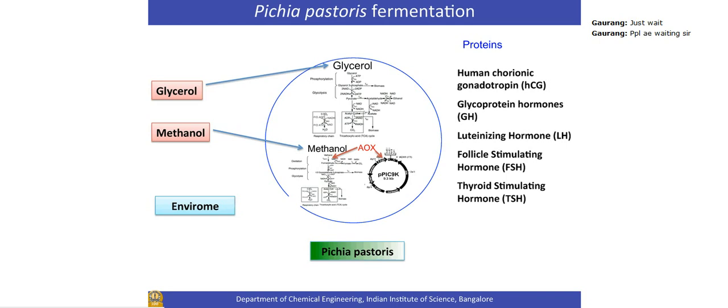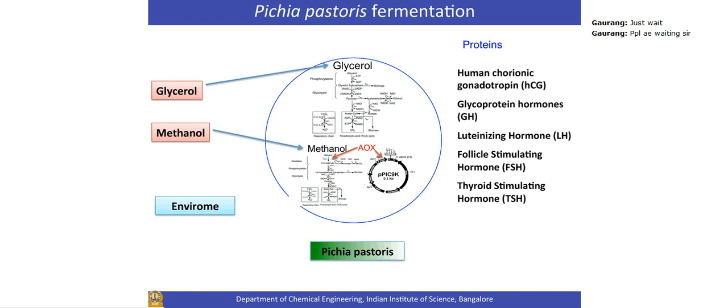Now, we don't want to grow just Pichia pastoris alone. We want to make a lot of different proteins, some of which I have mentioned. Incidentally, Pichia pastoris is used for making insulin, for example, and Bioreactor in Bangalore is one of the leading manufacturers using this organism. These proteins do not exist naturally in Pichia. They are human proteins.